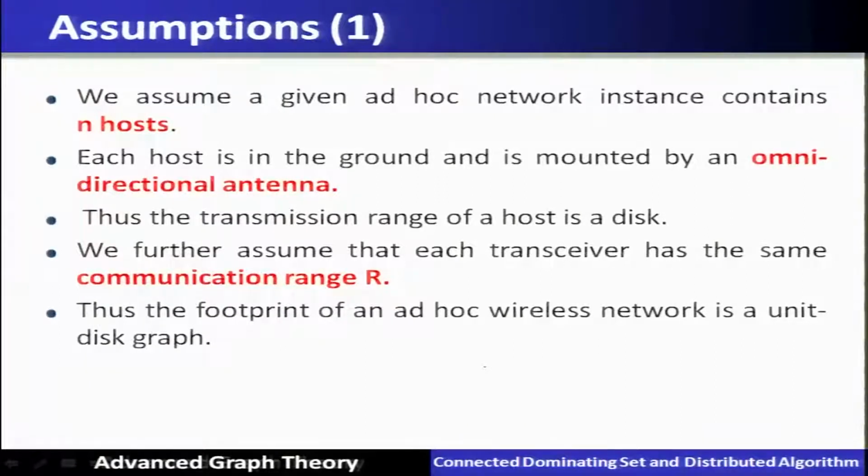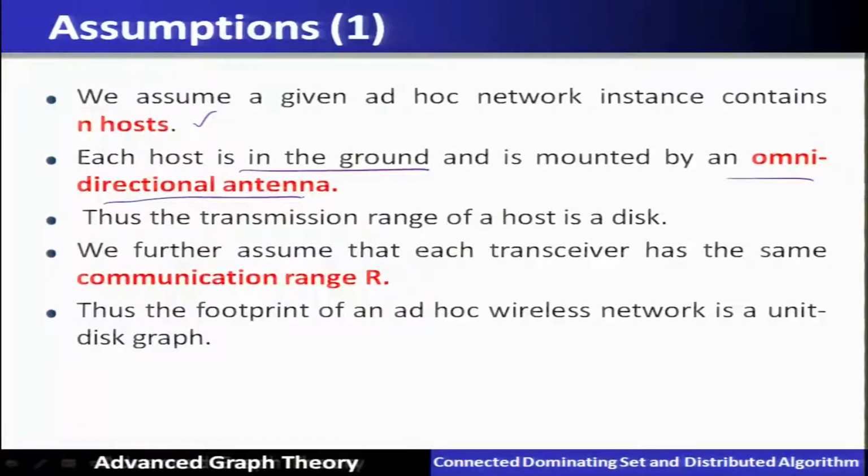So we assume that the given ad hoc network instance will contain n hosts. Now each host is in the ground. That means these hosts can be dropped from an unmanned aircraft, and when it reaches the ground it has an antenna mounted on it, an omnidirectional antenna, which will be useful to communicate and establish the network.